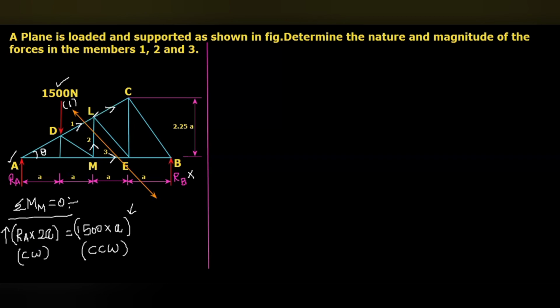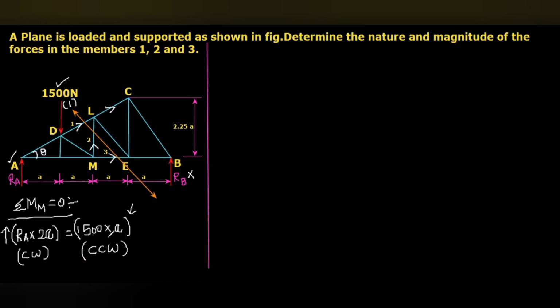If you consider this is acting outward from the point D or outward from point L like this, then the horizontal component F1 cos theta will be towards the right side, because this will be in the first quadrant. So when you take moment about M, that F cos theta multiplied with the distance LM will be in clockwise direction.